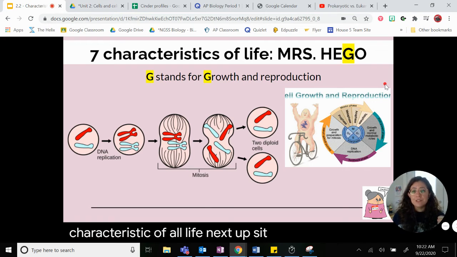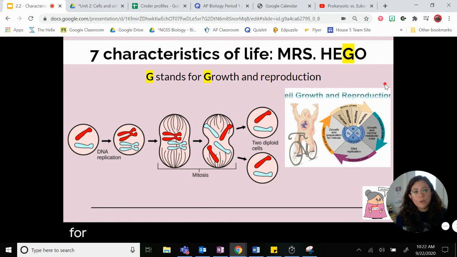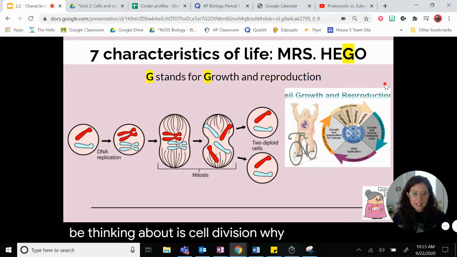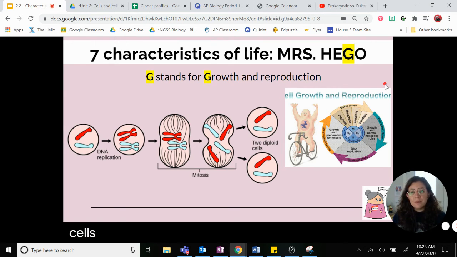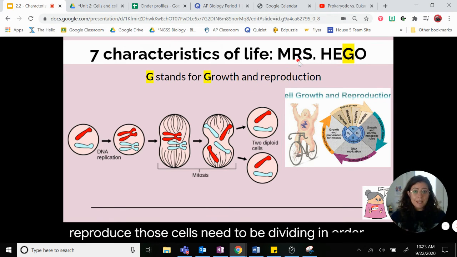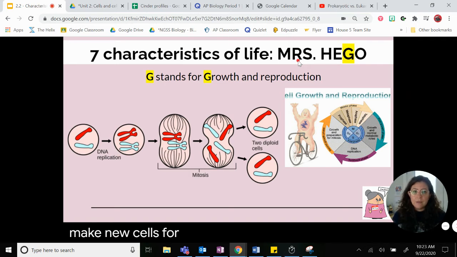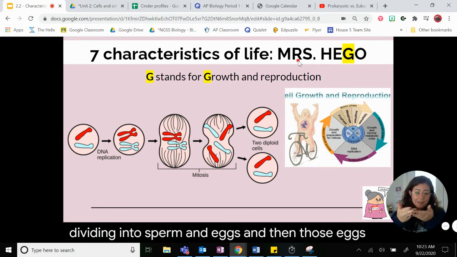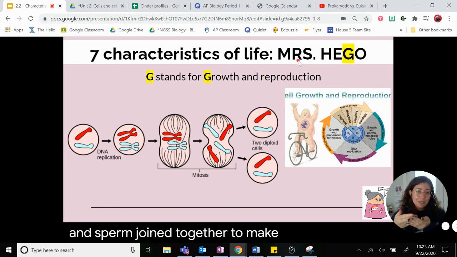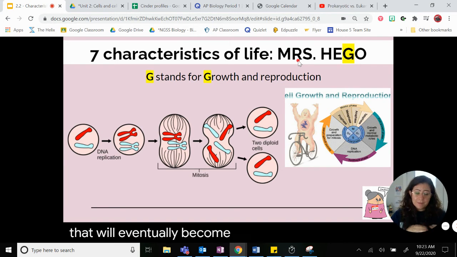Next up comes G. G stands for growth and reproduction. And specifically here, when I say growth and reproduction, what you should be thinking about is cell division. Why? Well, remember, all cells come from pre-existing cells. So in order to reproduce, those cells need to be dividing in order to make new cells. For example, the cells need to be dividing into sperm and eggs, and then those eggs and sperm join together to make a fertilized zygote that will eventually become a baby.